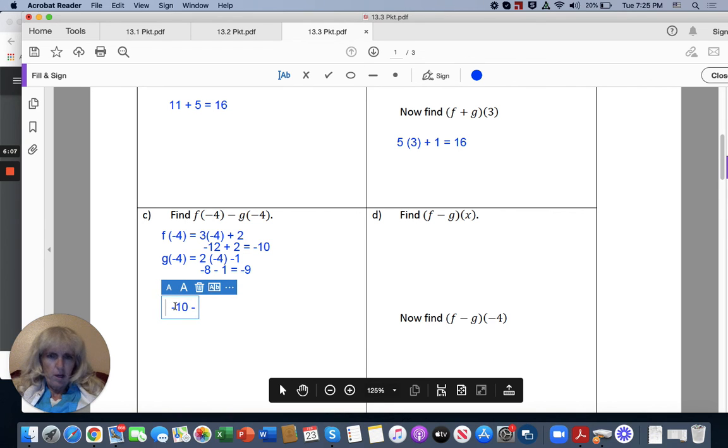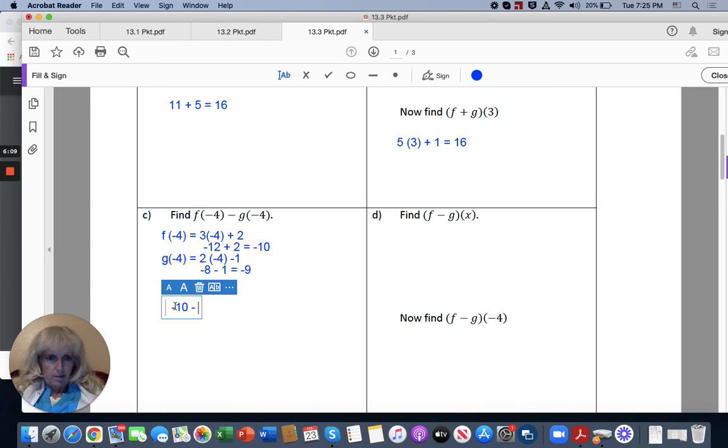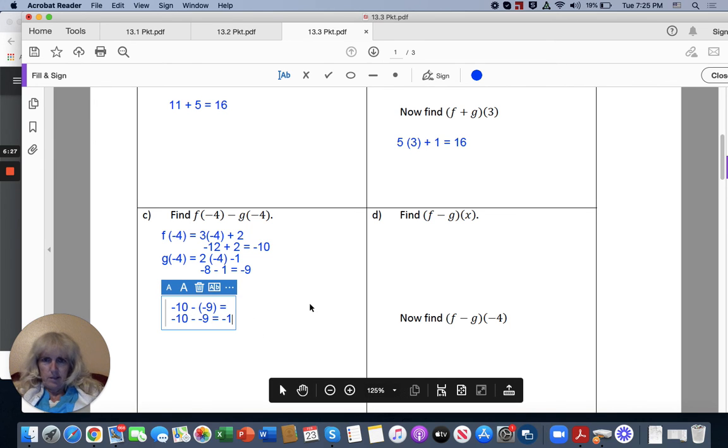And I'm going to subtract my negative 9. So it's negative 10 minus negative 9. That goes plus positive, and it equals negative 1. And there you have your answer.